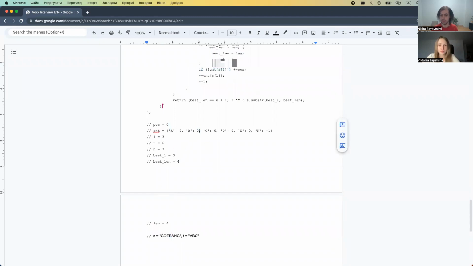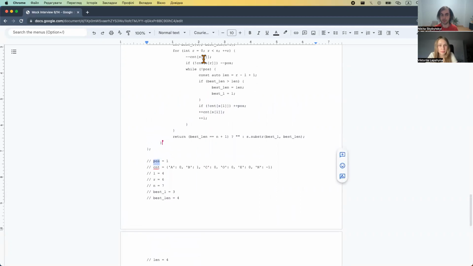Right? We had just enough, and we are about to remove this letter. So obviously it will be bad. We will have one more unique character that we need to address. So we increment pos, we increment the frequency, we increment left. At this point, pos is finally 1, so we break out of the while loop.